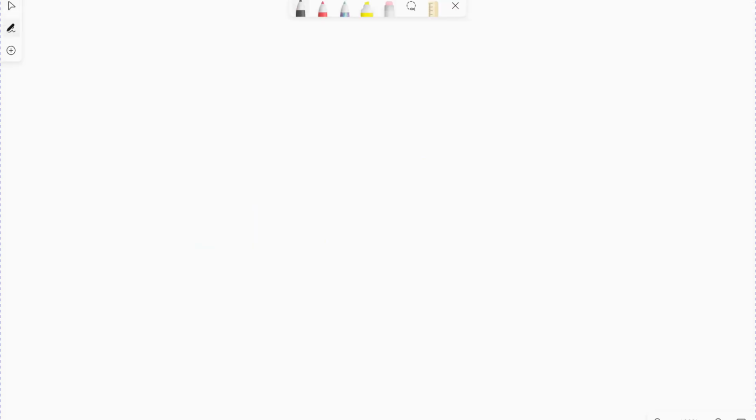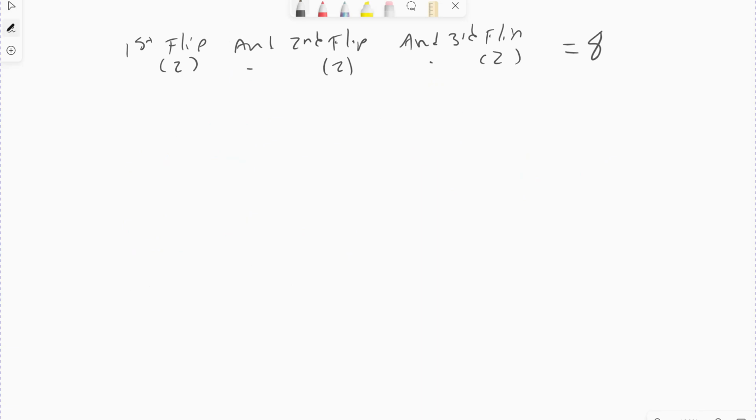All right, so I've got my coin. I'm going to flip it 3 times. I've got my first flip, which there are 2 outcomes, and my second flip, which there are 2 outcomes, and my third flip, which there are 2 outcomes. When I multiply 2 times 2 times 2, that means there would be 8 outcomes total.